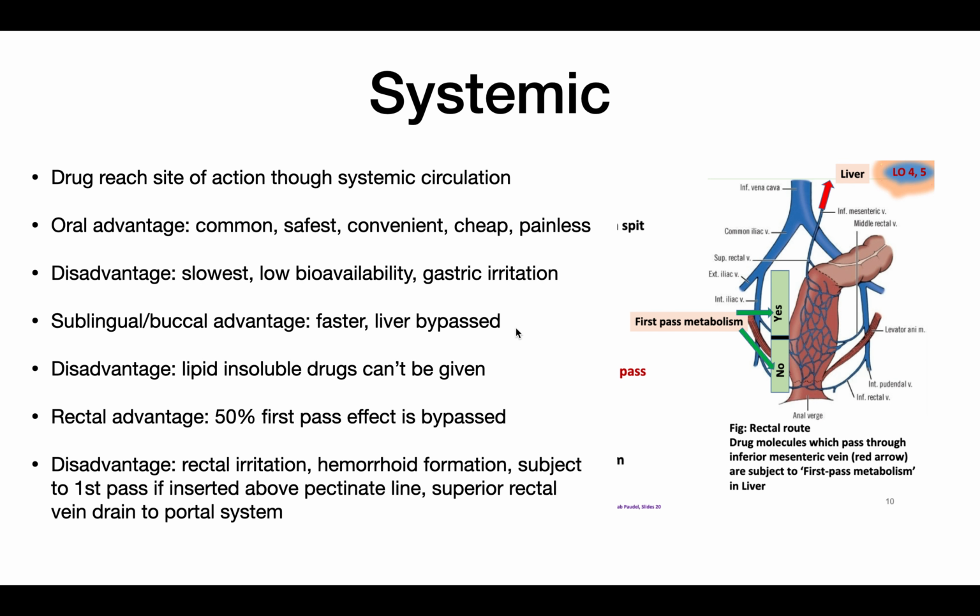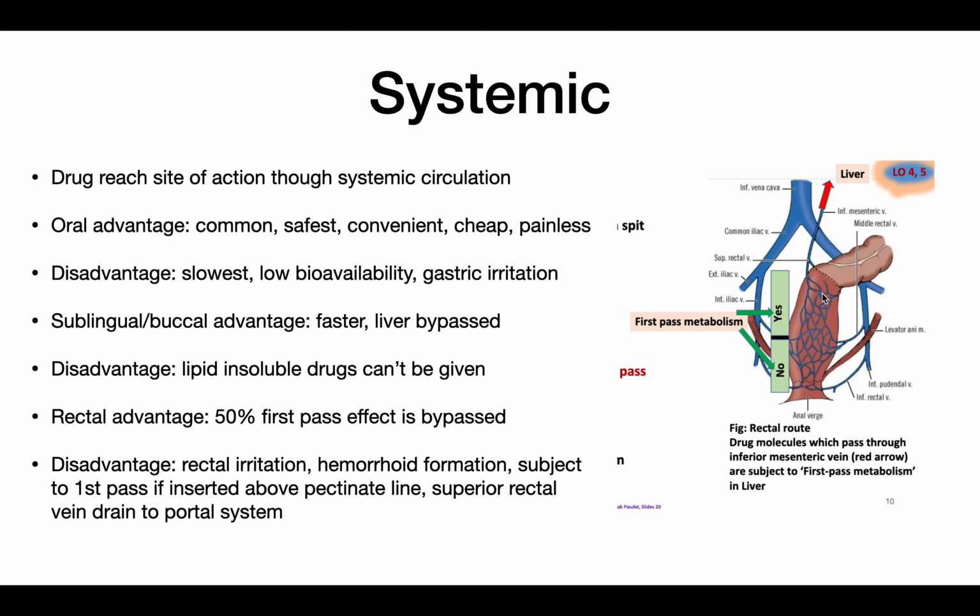The advantage of sublingual or buccal is that it's faster because it's absorbed into the bloodstream and the liver is bypassed, so there's no first pass metabolism. The disadvantage is that it has to be water soluble. The rectal advantage is that if you insert it shallow enough, the first pass effect is bypassed.